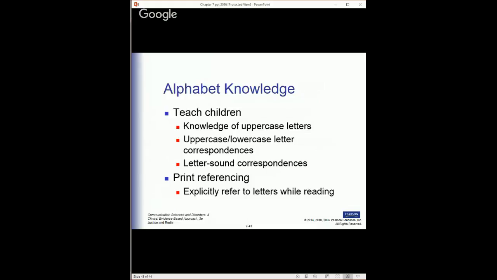Another part of alphabet knowledge is print referencing. It explicitly refers to letters while reading. This ensures that children can learn the alphabet letters in a meaningful way and can be used during shared storybook reading.